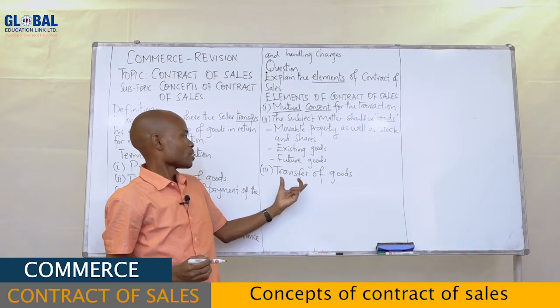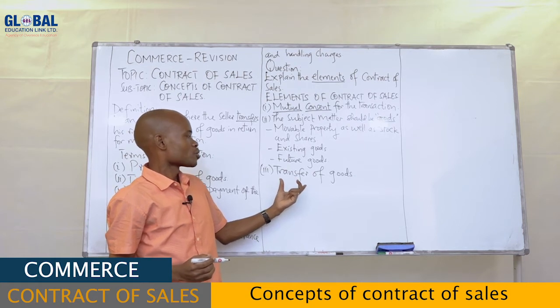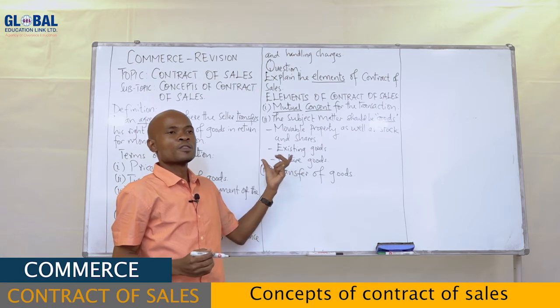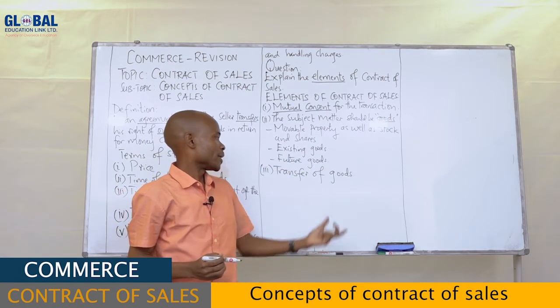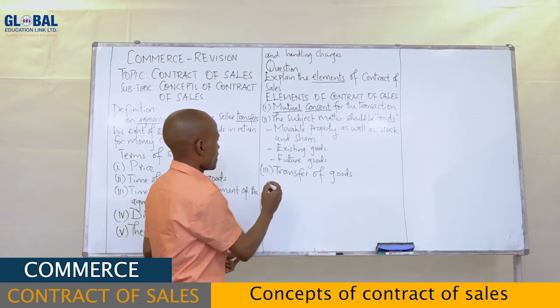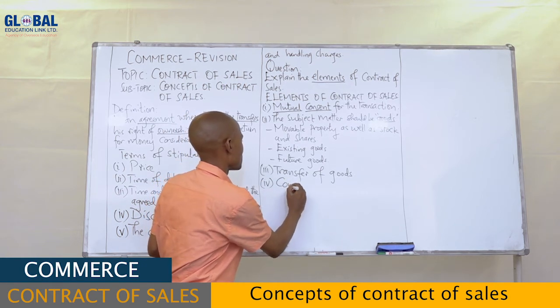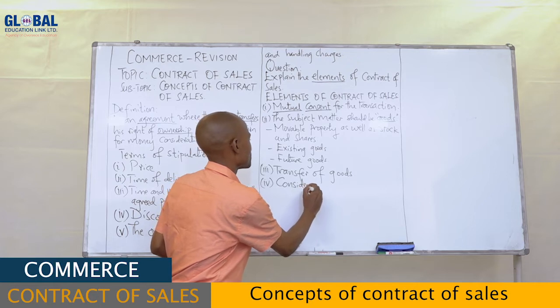So there is going to be a transfer of ownership of goods from the seller to the buyer. Another element is about consideration.